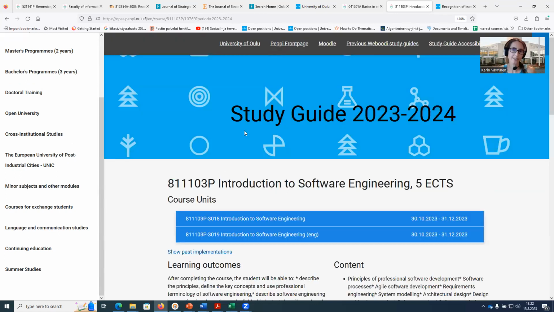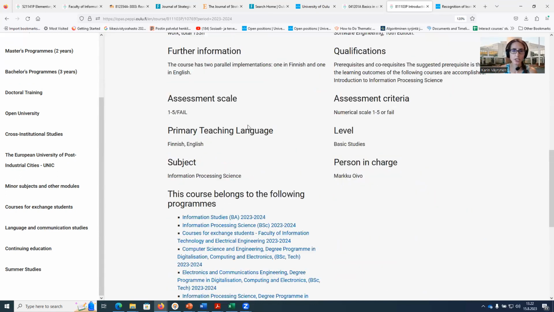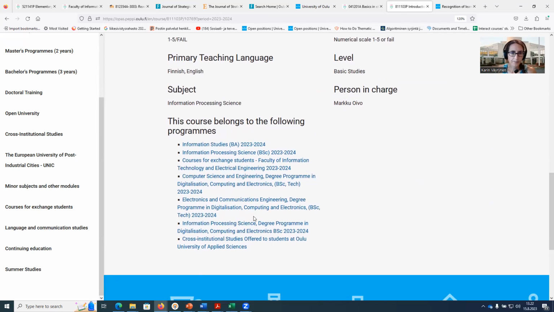So if I go to, for example, Introduction to Software Engineering, this degree program in digitalization, computing and electronics, it's called DICE. So it's part of this program.